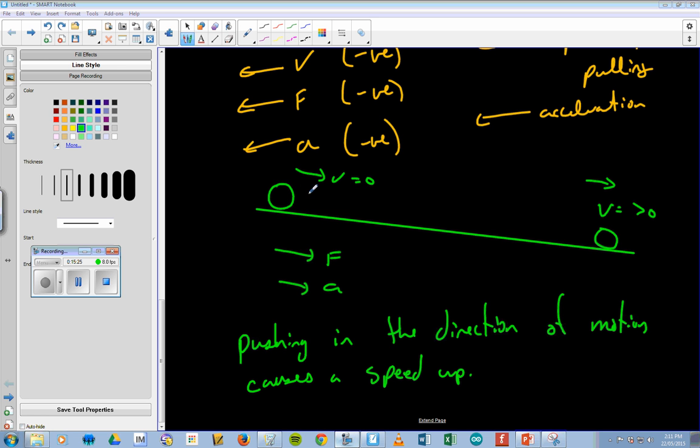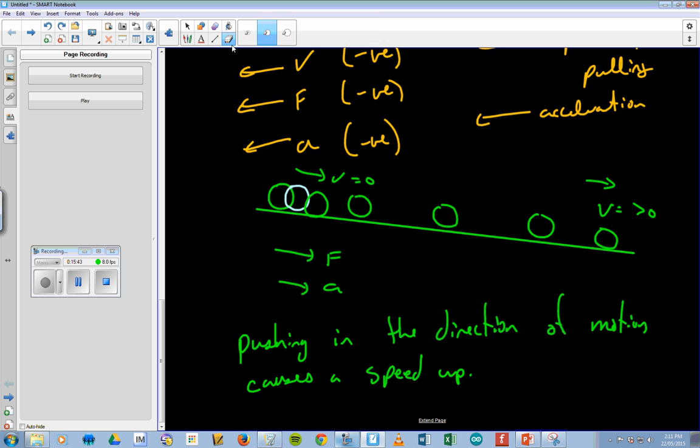If we imagine that we take pictures at equal intervals, what we would see is at the beginning, we would see quite a small difference between these objects, and we would see that that would increase as we went, right? This is oftentimes how it's illustrated in books that an acceleration is happening.